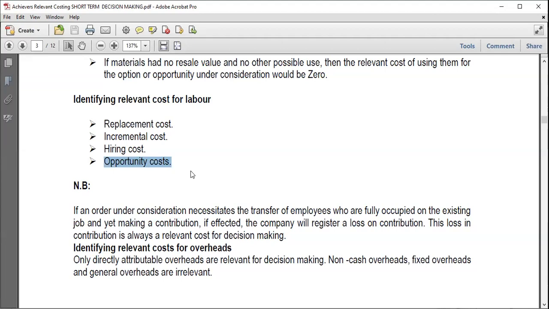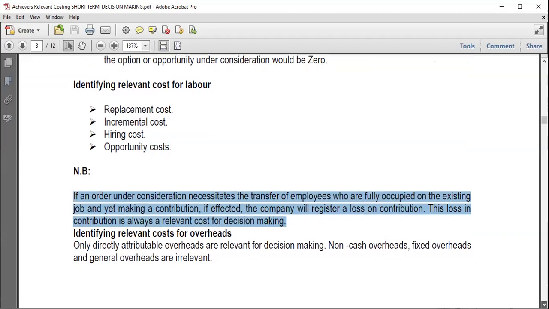Because if they are moving, for example, from bread, the contribution that we are going to lose from bread is an additional cost for us. You understand? So it's very important for us to reflect on that.